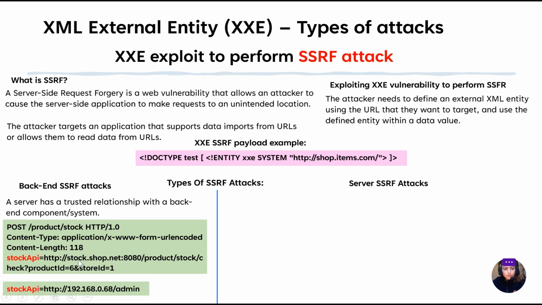So what we did here was replace the stock API post request with something else, because we wanted to see if the backend server was vulnerable and whether it would show us the admin page.